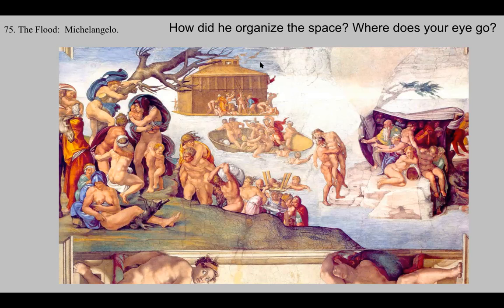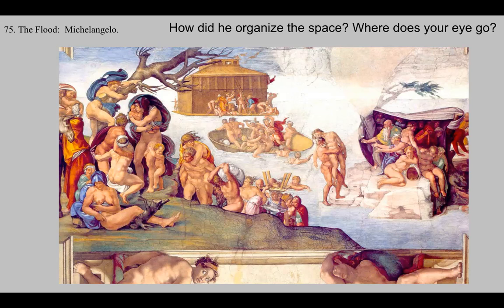So your eye will travel into the background. I might first notice the cluster of people trying to survive on this little patch of land, right? So your eye moves in a circular fashion or a spiral to the right, and then gets led back through this kind of imaginary line back to the ark, right?